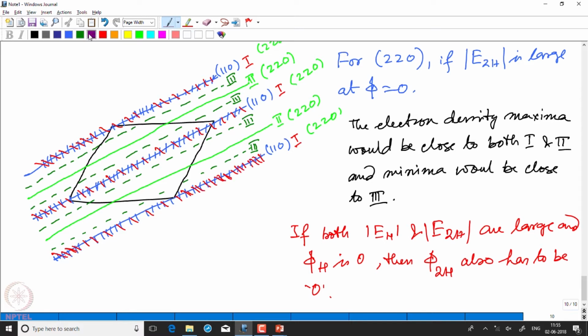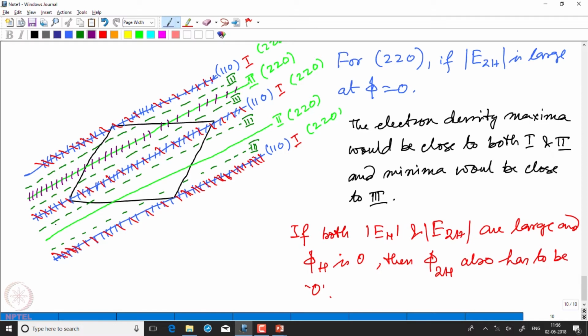There will be a lesser density near the 2, because in case of the 110 reflection, the lines along 2 will have minima, whereas in case of 220 they will have maxima.